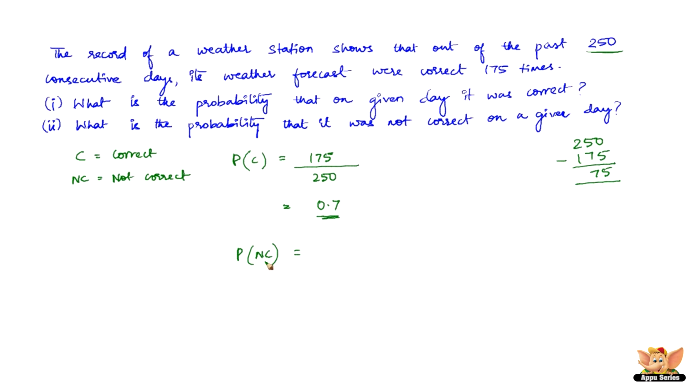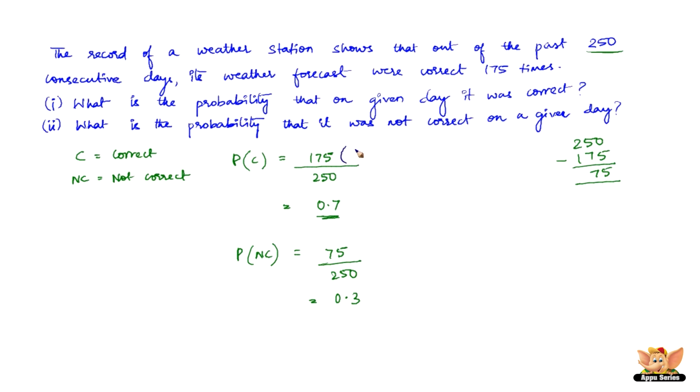So the probability of the weather forecast not being correct on any given day is nothing but the total number of days when the forecast was not correct, which is 75 divided by 250. That is the total number of trials. So here we have 0.3. So therefore, the probability of the forecast not being correct on a given day is 0.3.